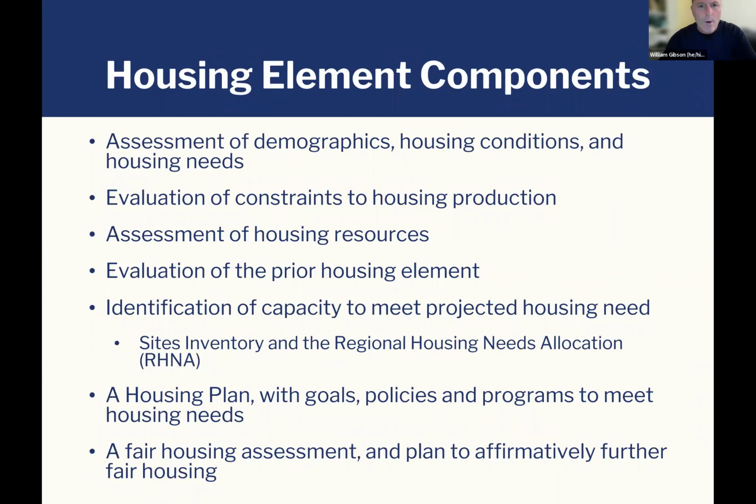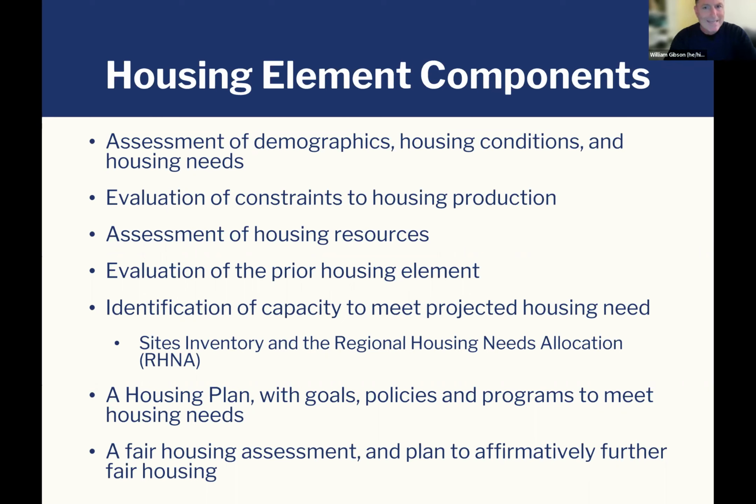So what are the components of the housing element? It includes an assessment of demographics, housing conditions, and housing needs. It must evaluate constraints to housing production, and those can be regulations, environmental factors, market costs of production, and other factors that make it more difficult to produce the housing that we need.